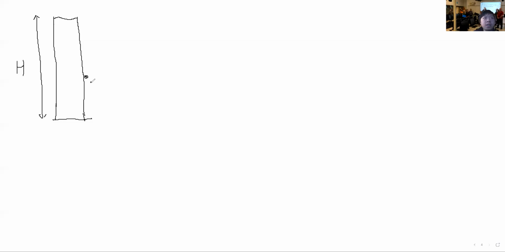So let's just say this is H. The water level will eventually go to H. No, I'm not saying evaporate. I'm saying at the instant that it's punctured.